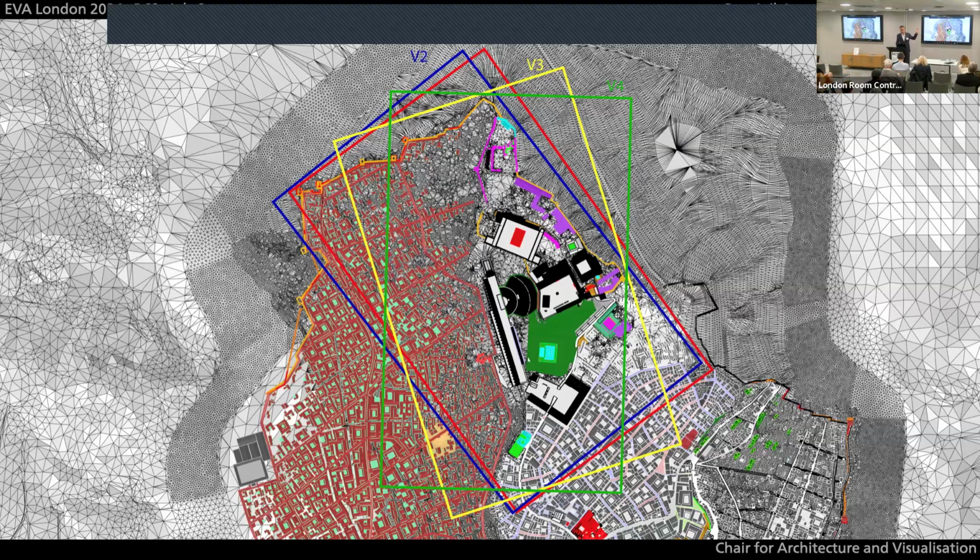Now you see these four colored framed sections which emphasize different things, and for the museum it was very important to have this altar in the center of the model, so that people understand, standing in front of the original altar, that the model is talking about the same thing.